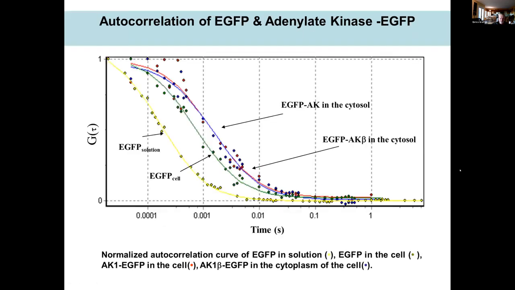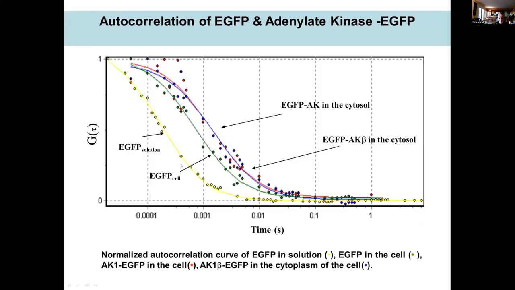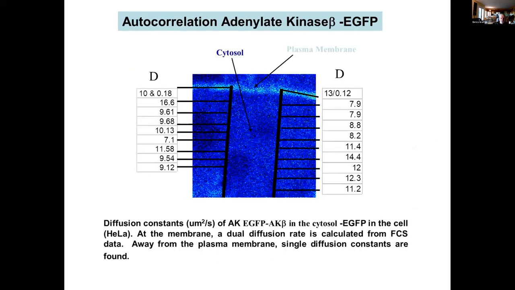The reason is that the volume of excitation, wherever you put it, is much larger than the size of the membrane, which is about 5 nanometers. Depending on where you are, you can obtain an effect due to the membrane, because the molecules move very slowly in the membrane with respect to what is in solution, or in the cell, which moves much faster.